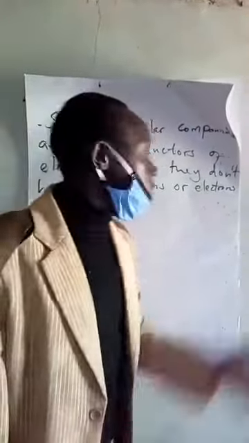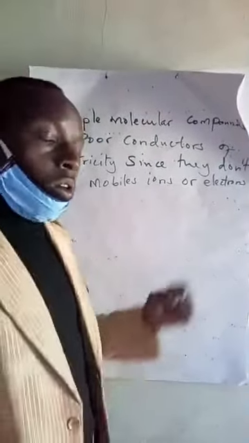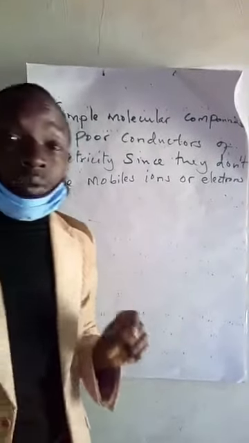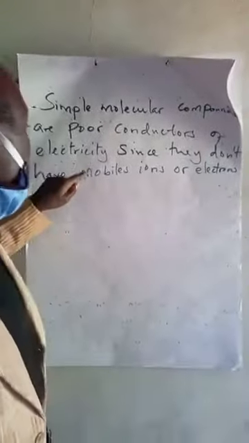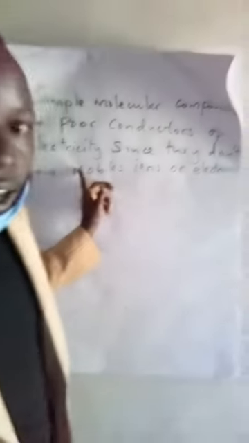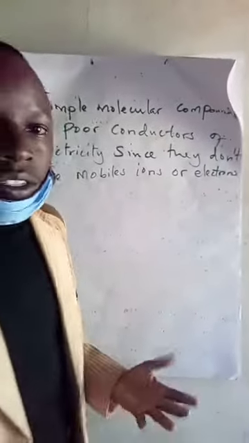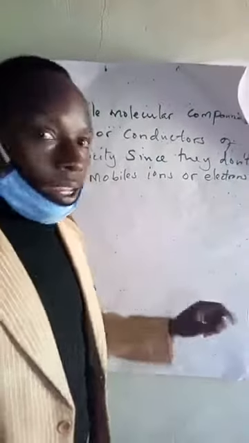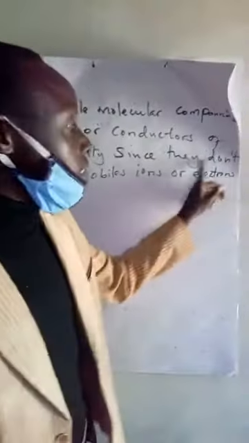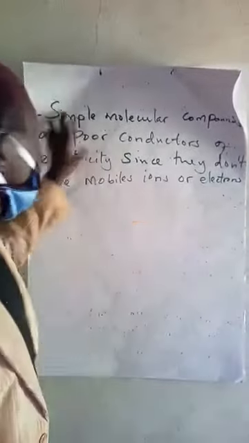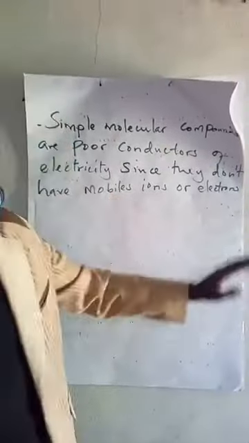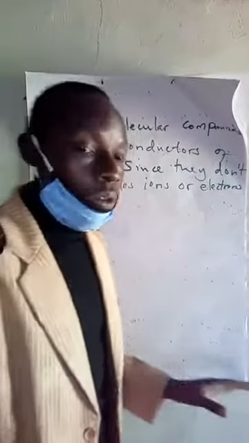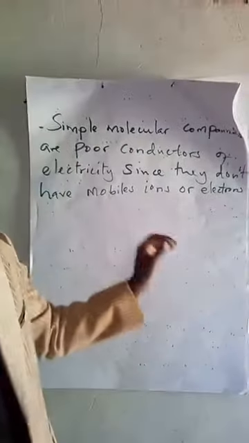For example, ionic compounds conduct electricity only in liquid or aqueous state because they have mobile ions. All metals conduct electricity because they have delocalized electrons. Molecular compounds do not have mobile ions or mobile electrons. Therefore, they are poor conductors of electricity.